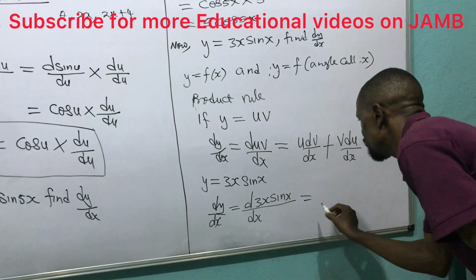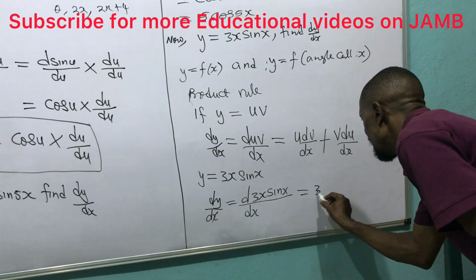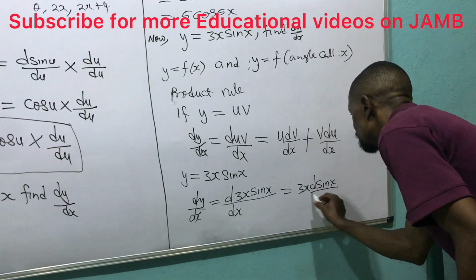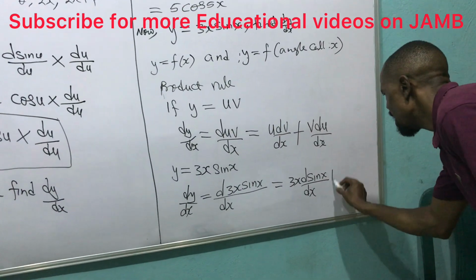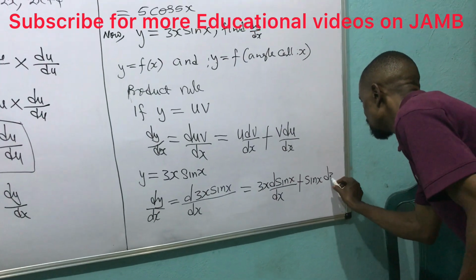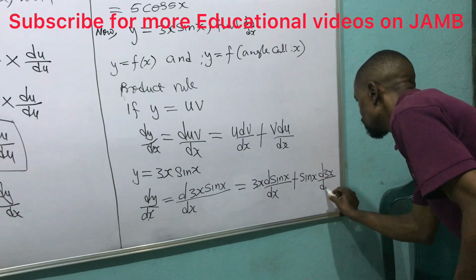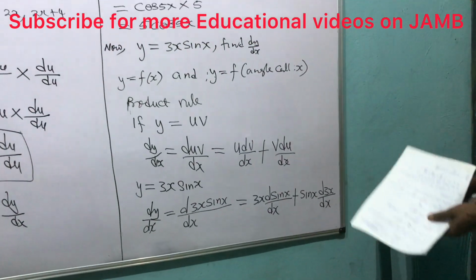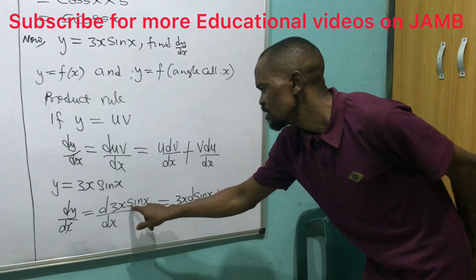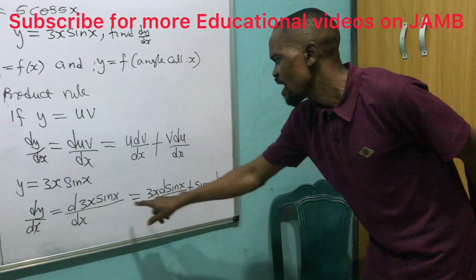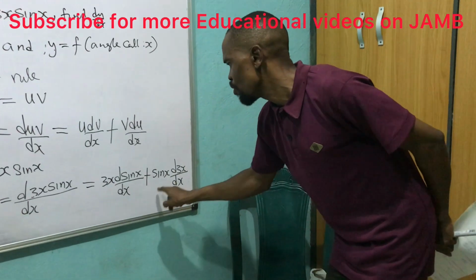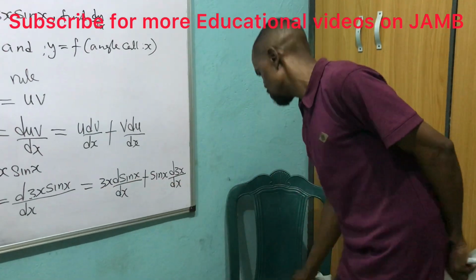And that will give me, keeping 3x, differentiating sine x with respect to x, then I will keep sine x, differentiate 3x with respect to x. You see what I did? Two of them are multiplying themselves, so I drop this one, differentiate sine x, then plus dropping sine x, differentiate the other one.